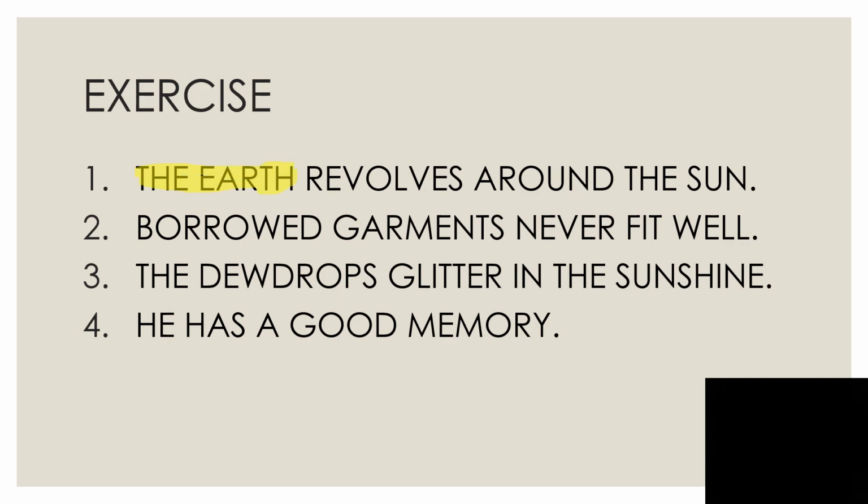Revolves around the sun. Revolves is a verb actually. So revolves around the sun will become the predicate. Always look for the verb part. Locate the verb and then you can understand that the rest part will become the predicate. That is also another way to find out which is the subject part and which is the predicate part.